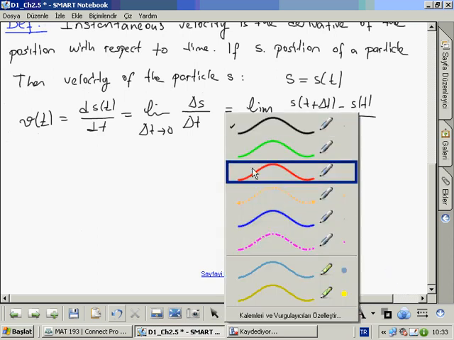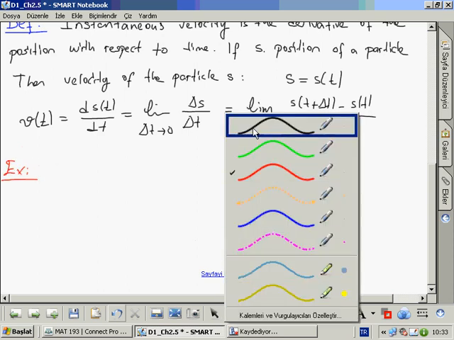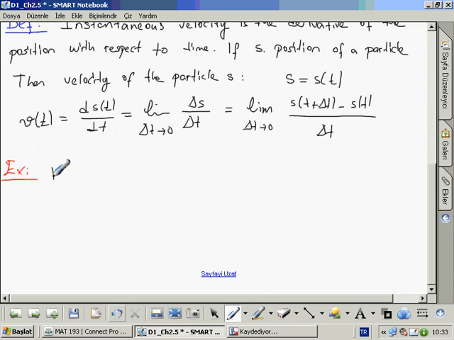And the example: free fall displacement.